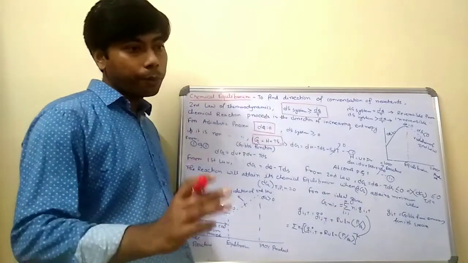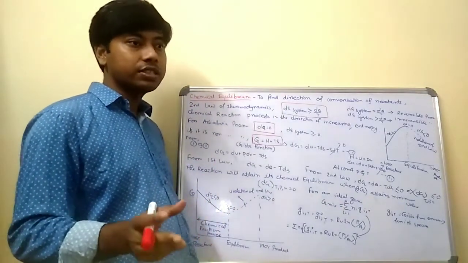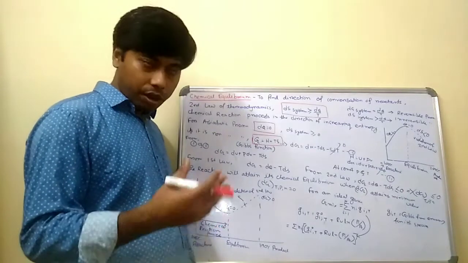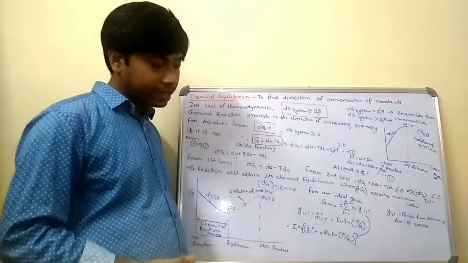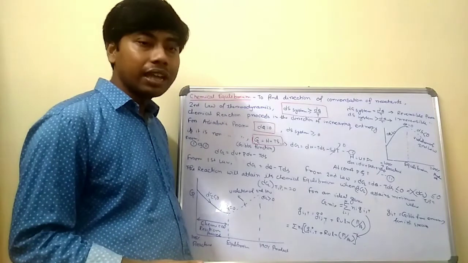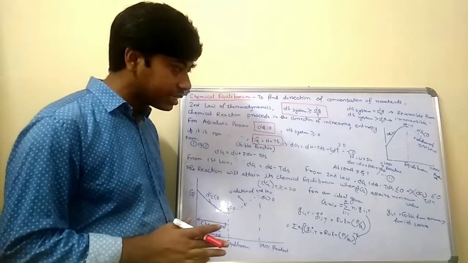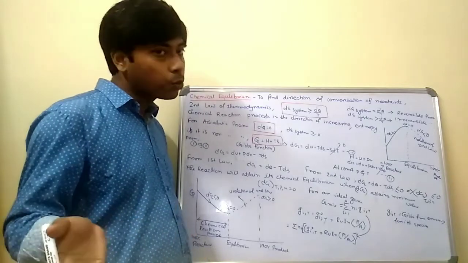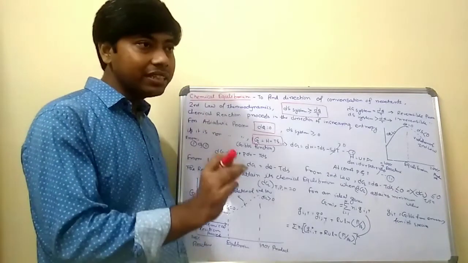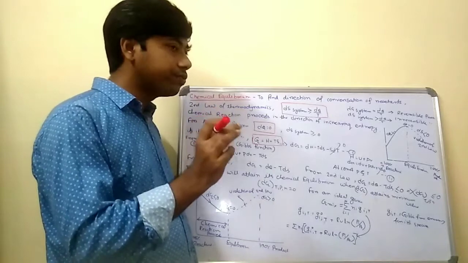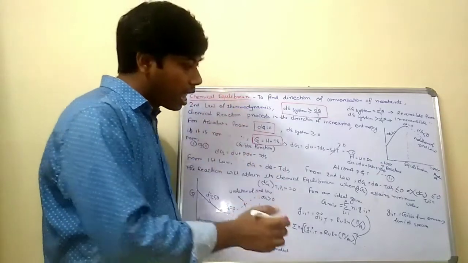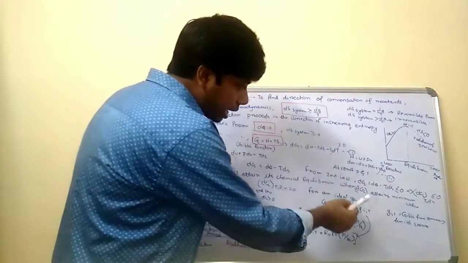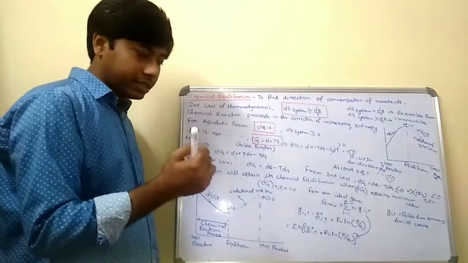Ni is the number of moles present of the ith species, so that is Ni into Gi,T. It indicates there are many reactants or products. So Gi,T indicates the Gibbs free energy for the ith species at a particular constant temperature.